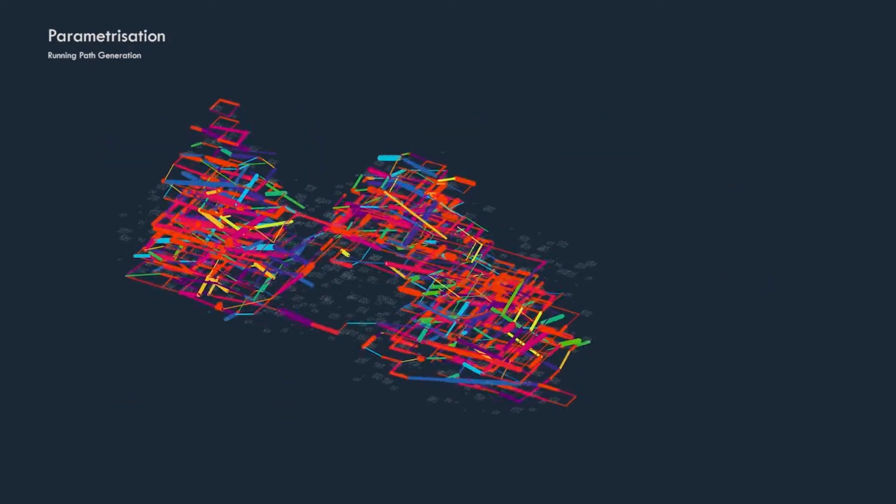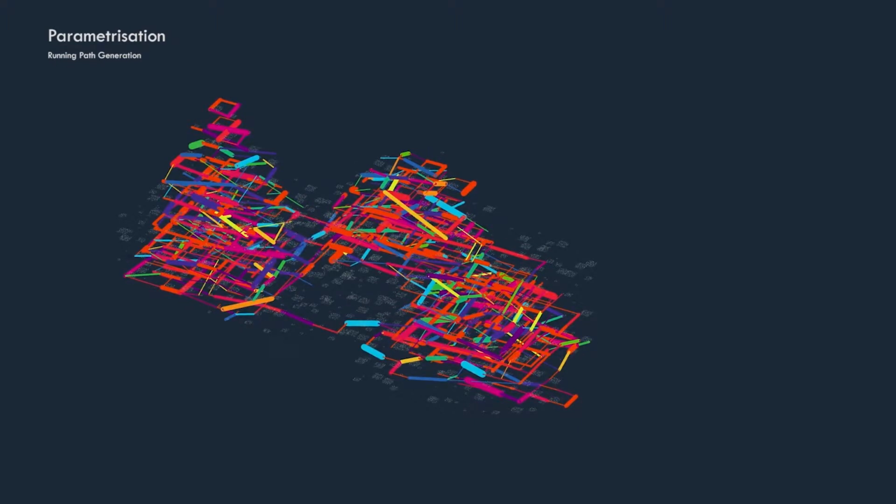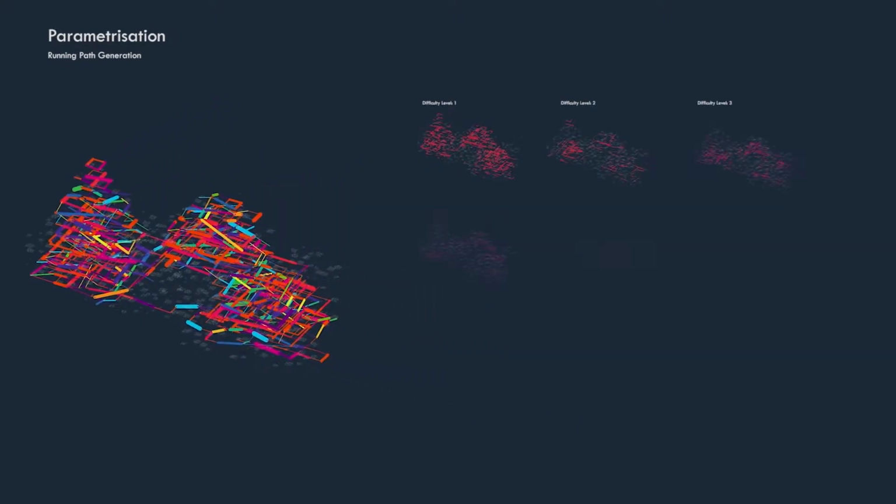The running path is also generated in between the interesting spots, and using algorithm can generate different length and slope according to customized needs and porosities.